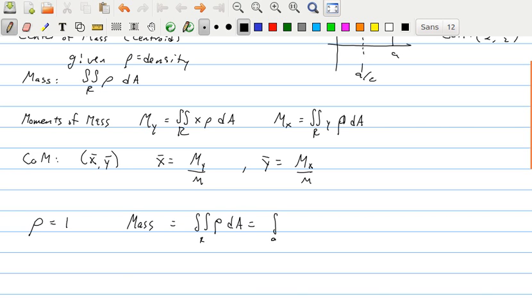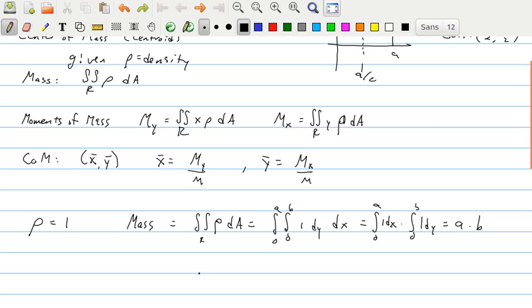This is the integral from 0 to a in the x direction, 0 to b in the y direction, and we're integrating the density, which in this case is 1. So we can use the box theorem because the inside factors, it's constant, and the outer limits of integration are both constants. So this gives us the integral from 0 to a of 1 dx, integral from 0 to b of 1 dy, and this first integral gives us a, the second integral gives us b. So the mass of this thing is a times b.